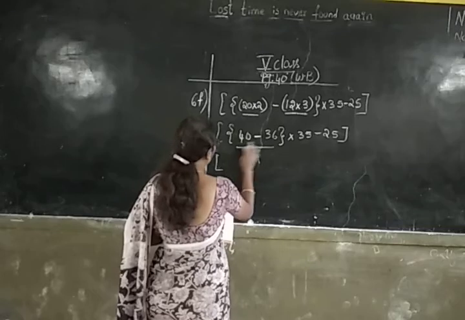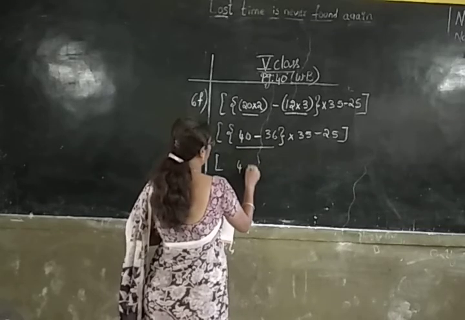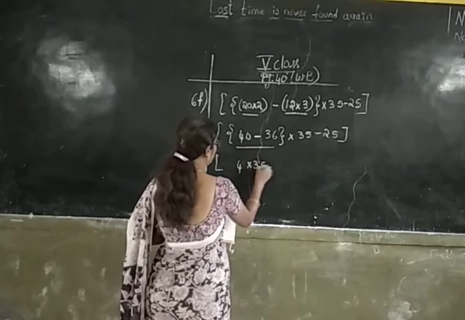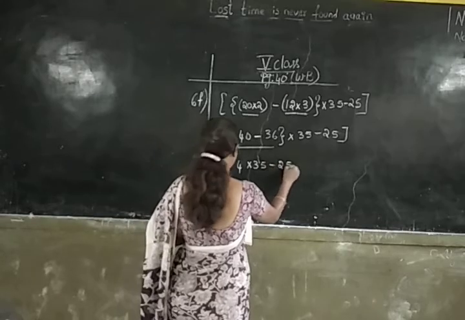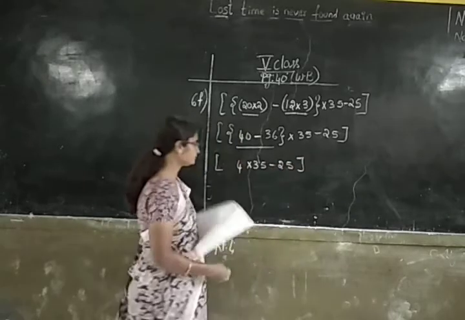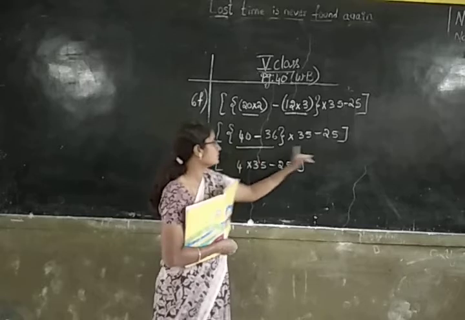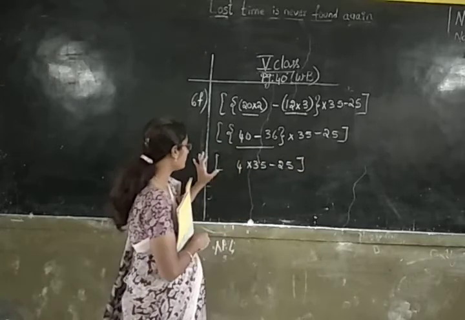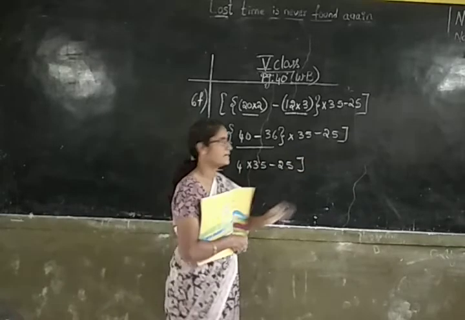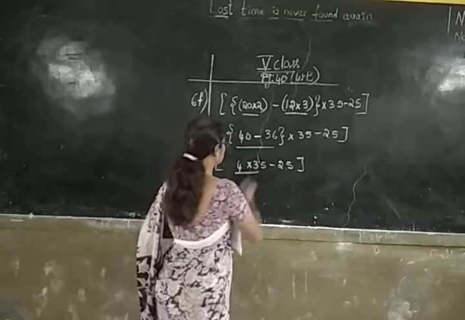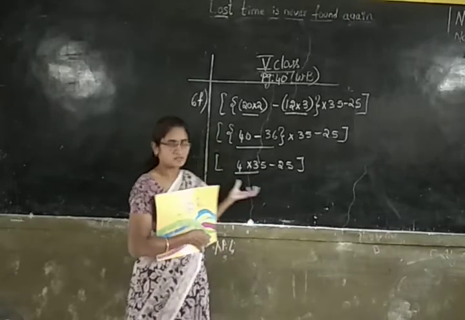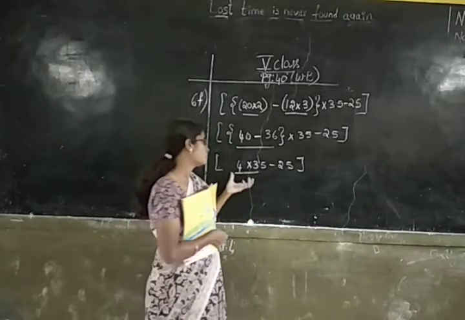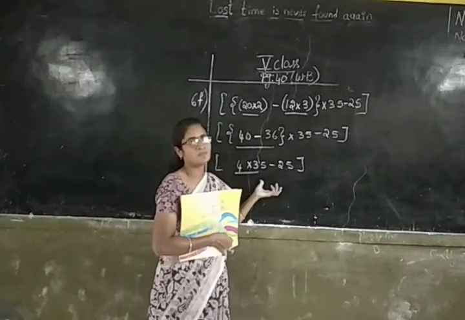Okay children? 40 minus 36 is 4 into 35 minus 25. Now after solving the terms inside the flower bracket, we have to solve the terms inside the square bracket. While solving the terms in the square bracket also, we have to follow the BODMAS rule.